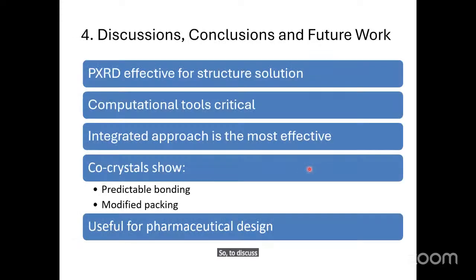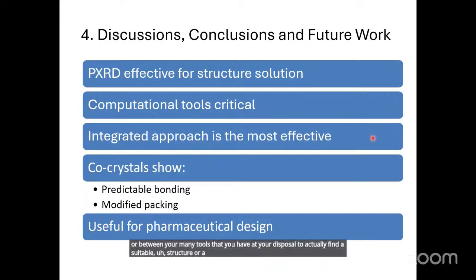So to conclude, PXRD is one of the ways you can use to get lattice structure information, and there is very little way to do it without using computational tools, and you would need to use an integrated approach, so be able to maneuver between the many tools that you have at your disposal to find a suitable, good solution structure.